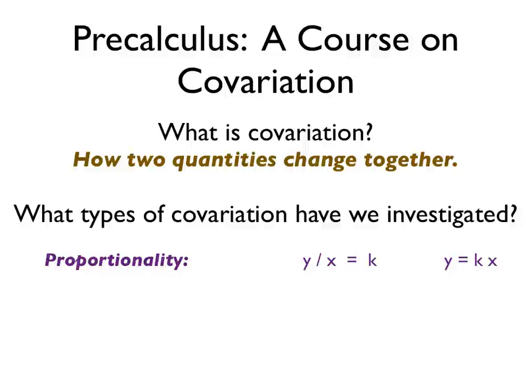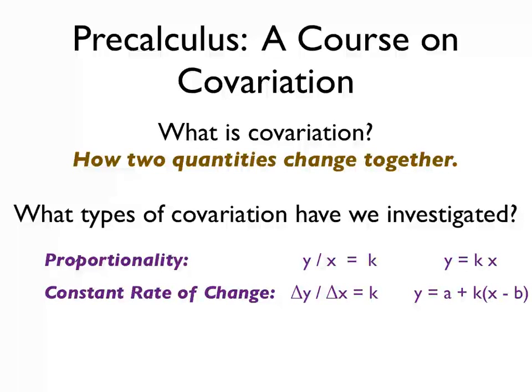The ratio of, not y to x, right? Some of you are saying it, change in y to the change in x. That was our whole point of constant rate of change. Changes in y maintain the same size relative to changes in x, and that's that ratio. And then from that, we formed the point slope form of a line.